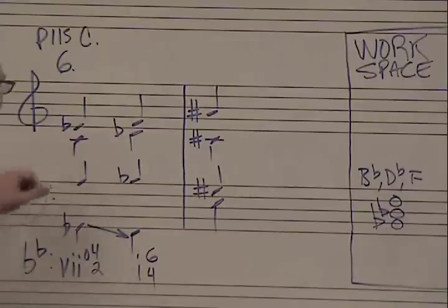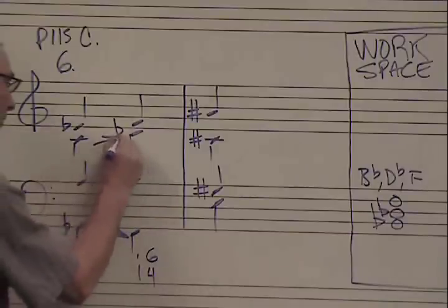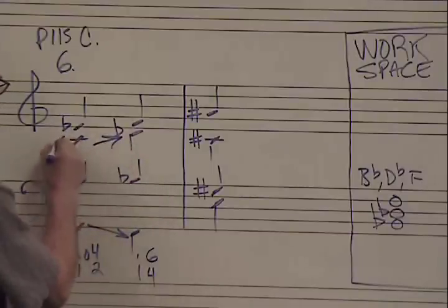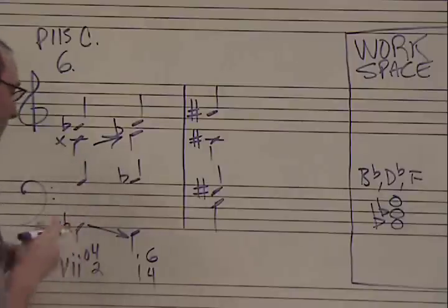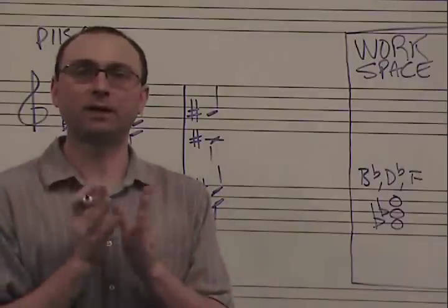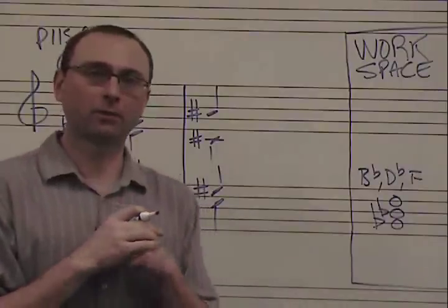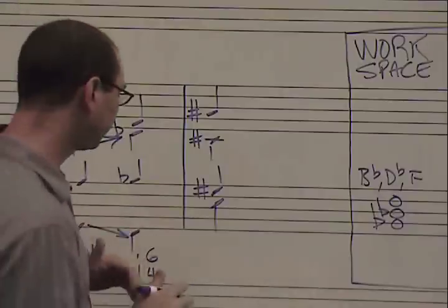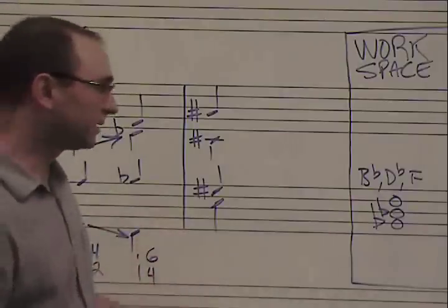You can see that the augmented fourth found between this voice and this voice is successfully resolved. The bass is doubled and the chord is resolved properly. Let's take a look at the next example.